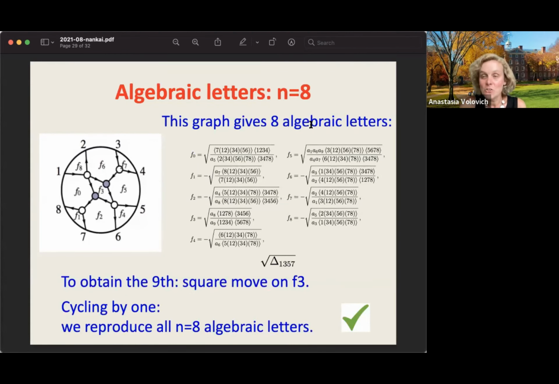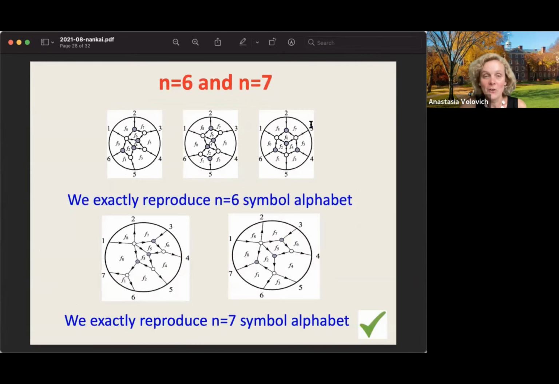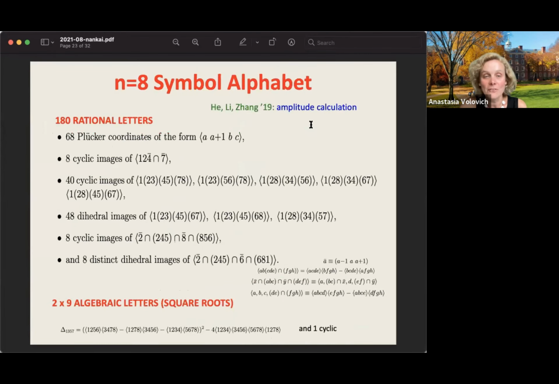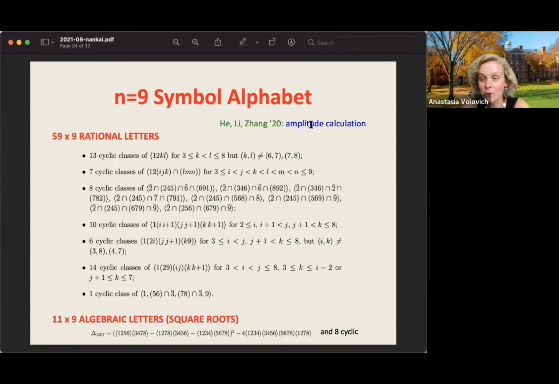Right. No. The answer to this is no. So we just start with lists and see what we get. It would be nice to have some more systematics and understand this better. So we have the list from amplitudes. This is the 8-point list, and this is the 9-point list.